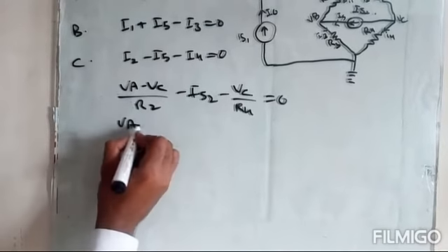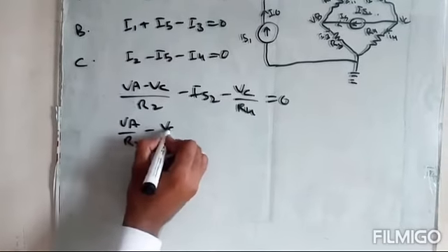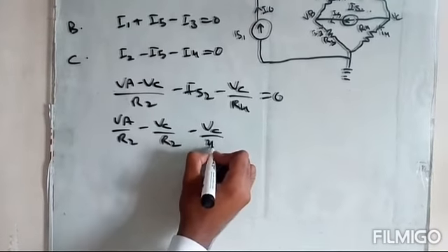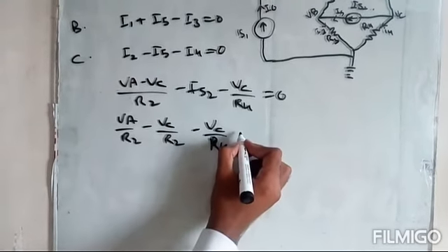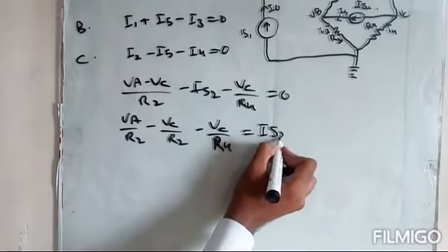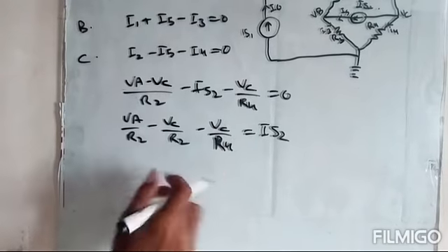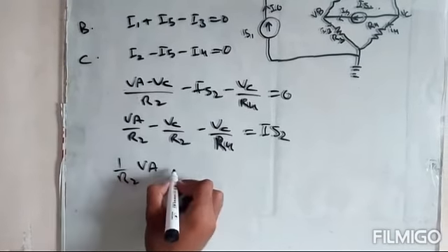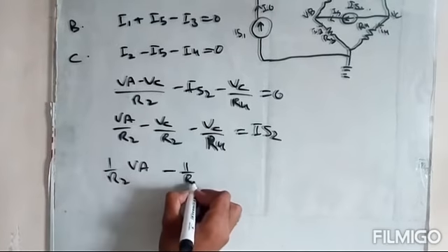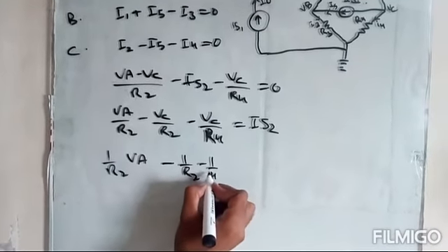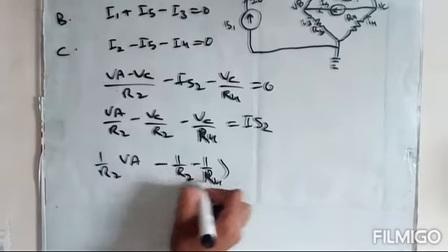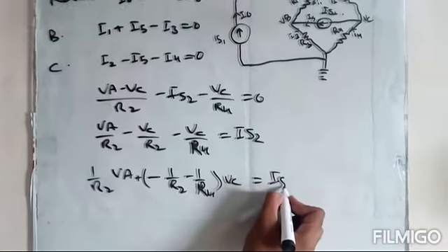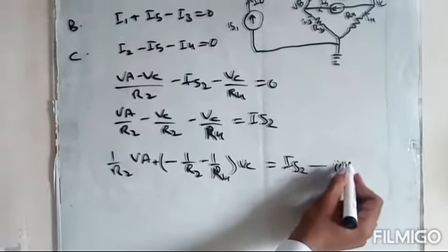So VA over R2 minus VC over R2 minus VC over R4 is equal to IS2. So we will combine the VC terms: 1 over R2 into VA, minus (1 over R2 plus 1 over R4) into VC, and it is equal to IS2. This is our third equation.